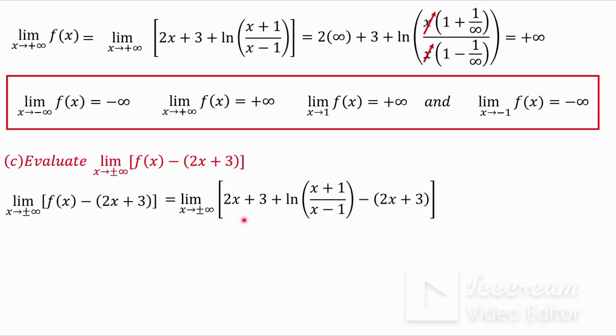We can clearly see that the 2x plus 3 terms cancel, so we are left with the limit as x tends to plus or minus infinity of ln of x plus 1 divided by x minus 1.